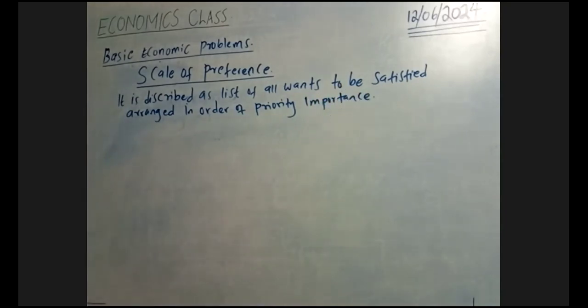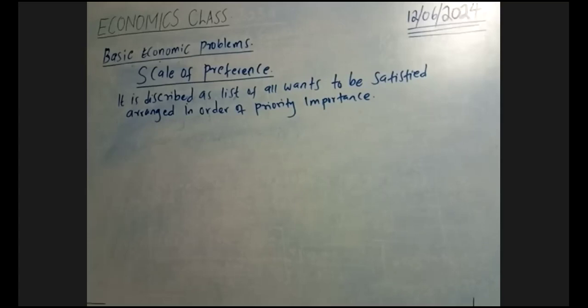Now, if the wants have not been arranged in a particular order of importance, it means that there is no problem of scarcity. Because we have the issue of scarcity and the resources are limited, we therefore need to choose what we want to satisfy our needs in their order of priority. Those items that we choose in their order of priority, the most important items, are what we call the scale of preference.